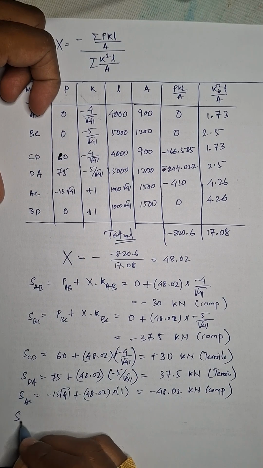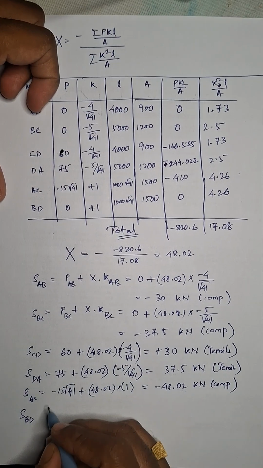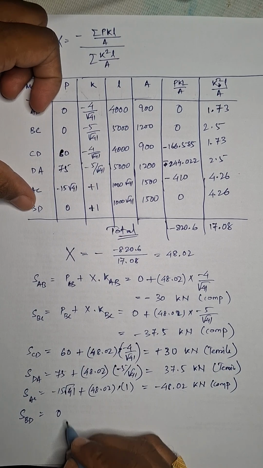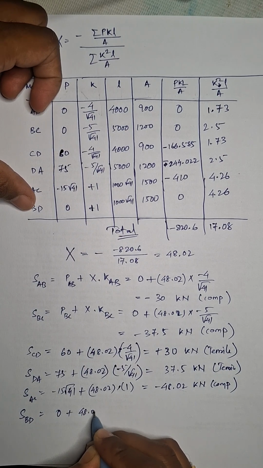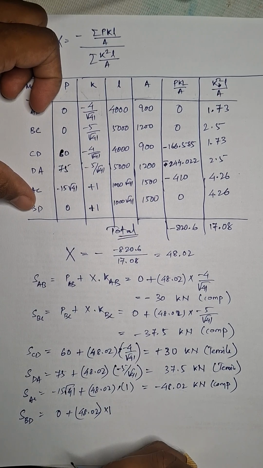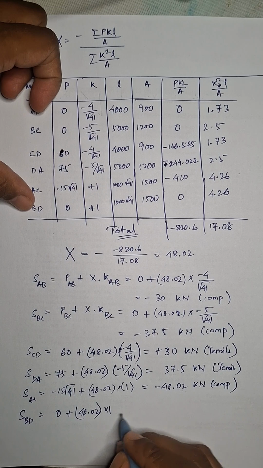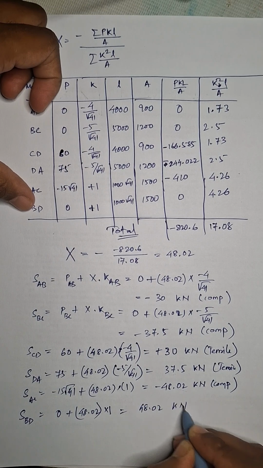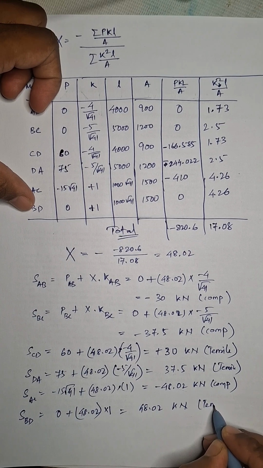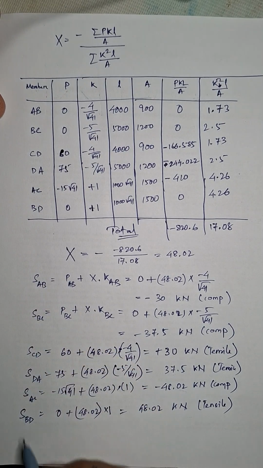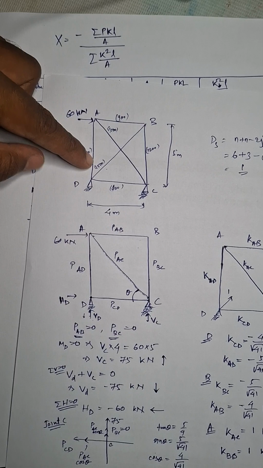The last one is SBD, which is the redundant member we had considered. PBD is 0 plus 48.02 into 1. So this will be 48.02 kilonewton, which is tensile in nature. So we got all the member forces, the actual member forces in this structure.